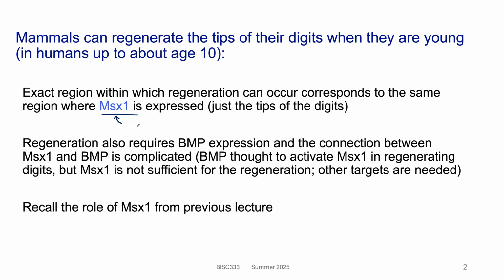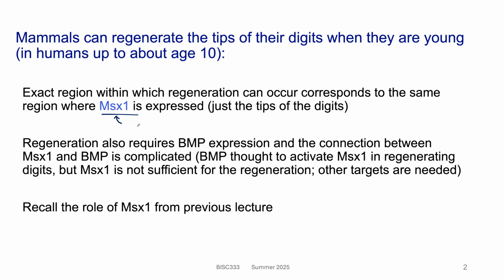Now, if you are working with mutants, there's experimental work where they look at mutants for MSX1 or for BMP or for noggin, and a number of other different proteins, and it's found that in these BMP MSX1 mutants, if you provide MSX1, it's not enough for the whole regeneration process. And BMP is thought to activate MSX1 in the regenerating digits.